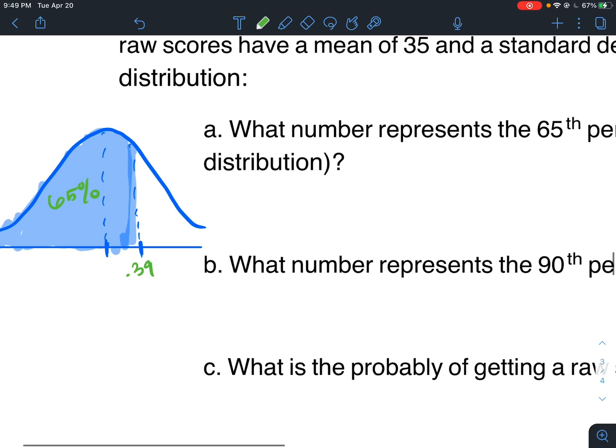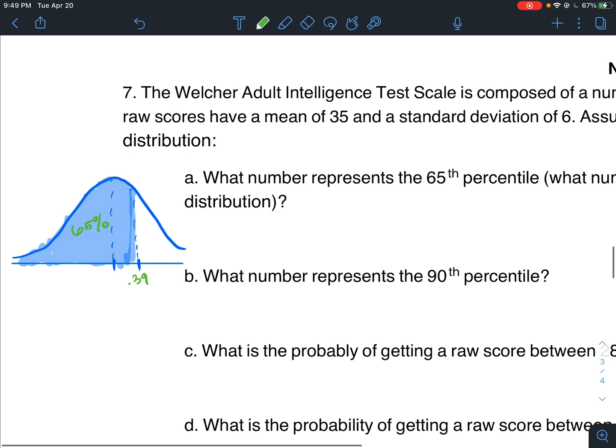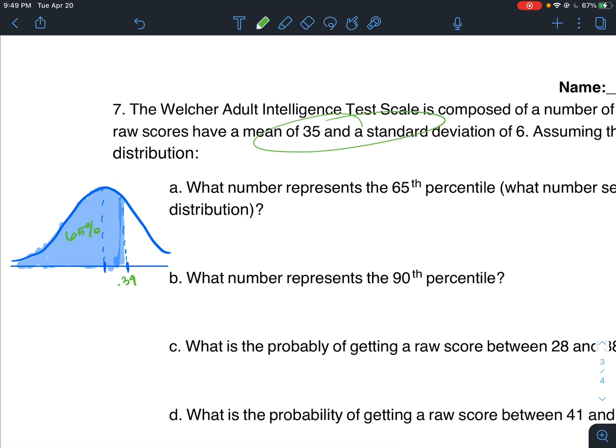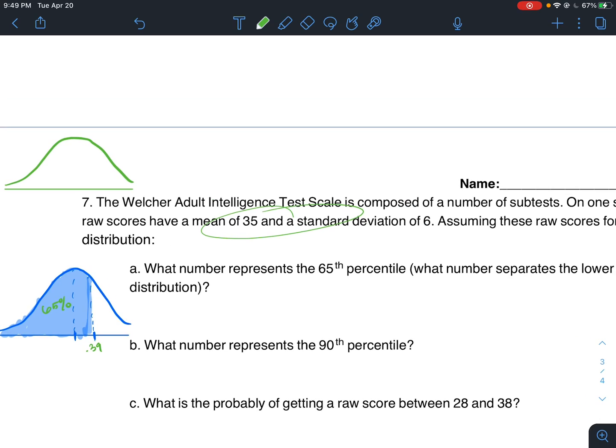Now I'm trying to find the number that represents the 65th percentile. Basically, if I had the normal distribution, again with a mean of 35 and a standard deviation of 6, I'm trying to find where this lies on here.